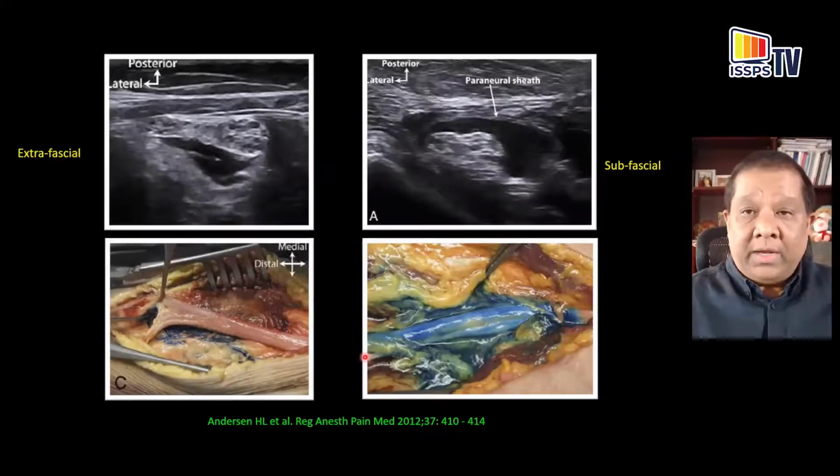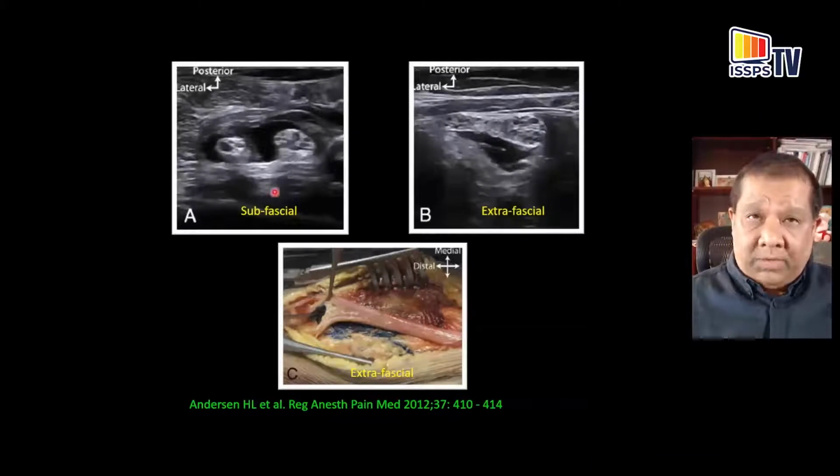It does not spread in a longitudinal or circumferential direction over many centimeters along the length of the sciatic nerve, as you see when you inject deep to this circumneural sheath. Also, more importantly, when you inject subfascially, it does indeed produce a halo around the nerve, as you can see here.